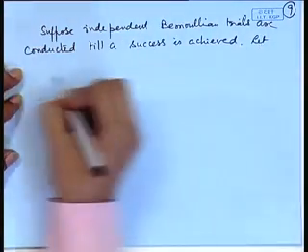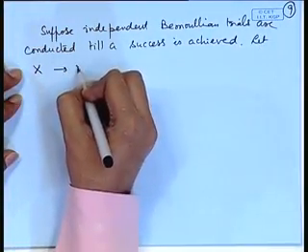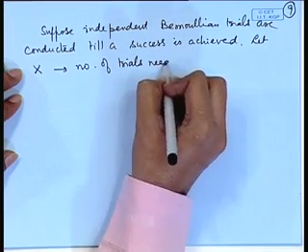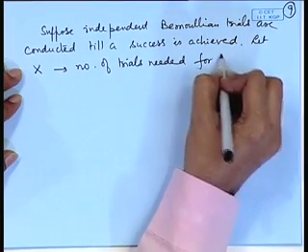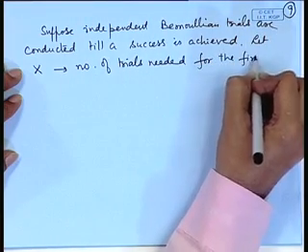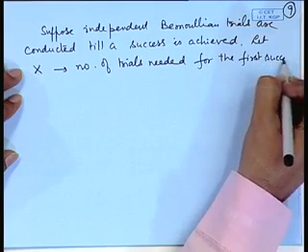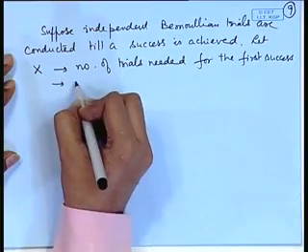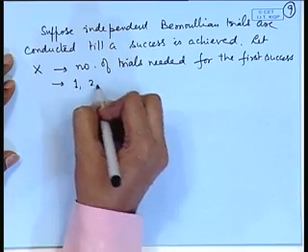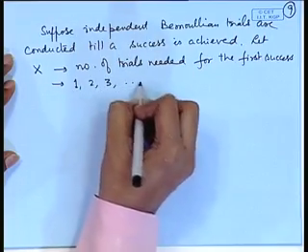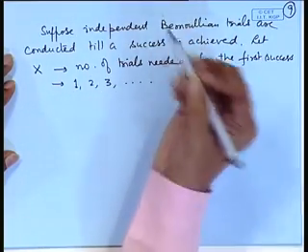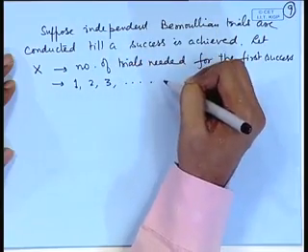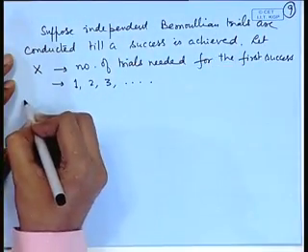Let x denote the number of trials needed for the first success. So, what are the possible values of x? You may get a success in the first trial, you may get the success in the second trial, and so on. So, unlike the binomial distribution, this is an infinite but countably many valued random variable.